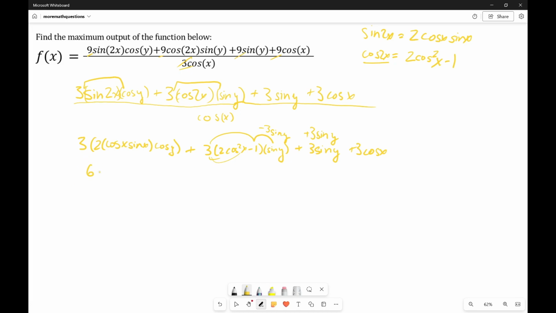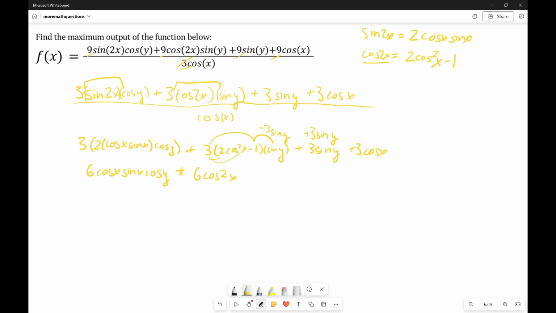So let's say 6 cosine x sine x cosine y plus 6 cosine squared x minus 3 sine y. Oh, it's really important again to not forget that the sine y is being distributed to both of the terms.